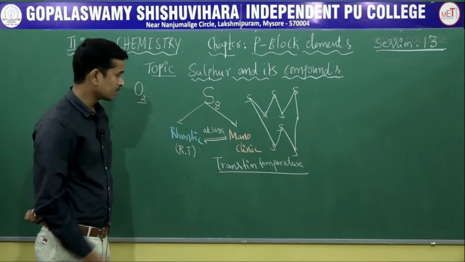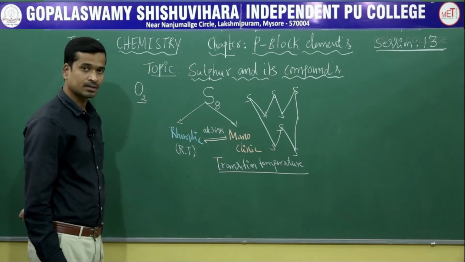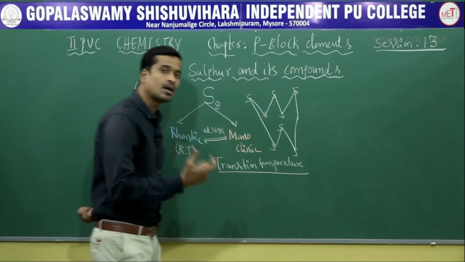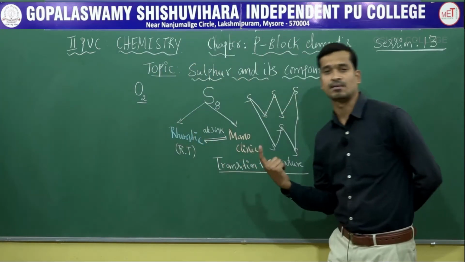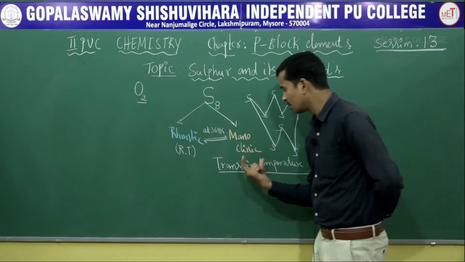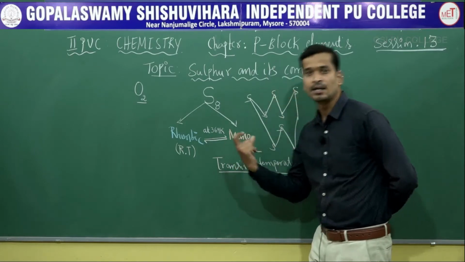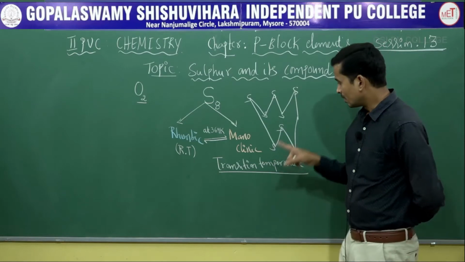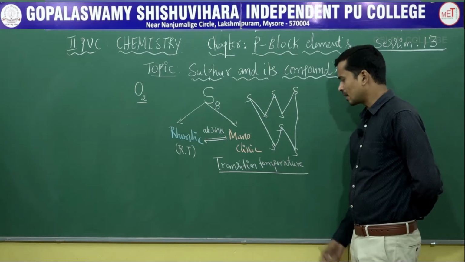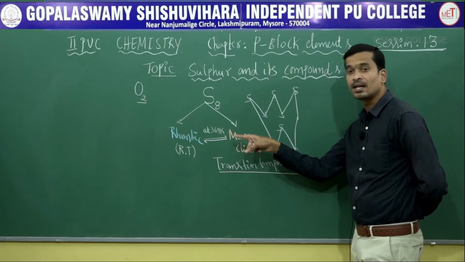You will study in your first PUC thermodynamics chapter, enthalpy of transition, where two allotropic forms exist in equilibrium. The transition temperature of sulfur is 369 Kelvin.